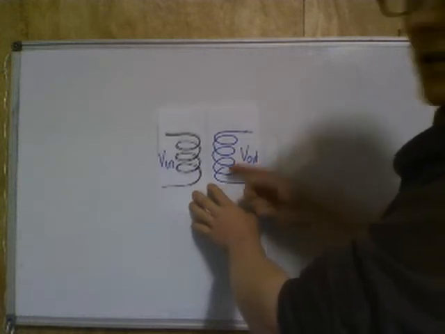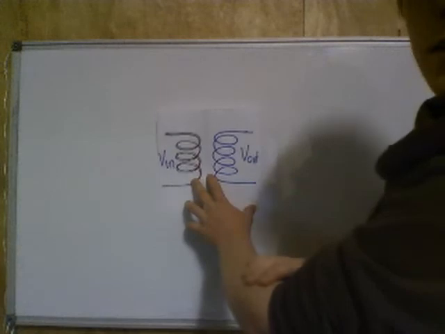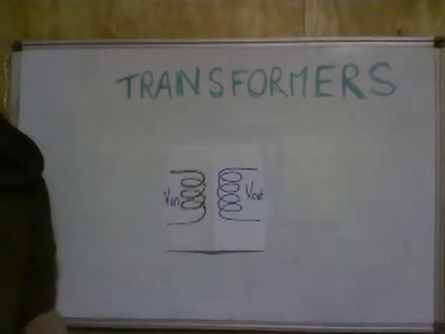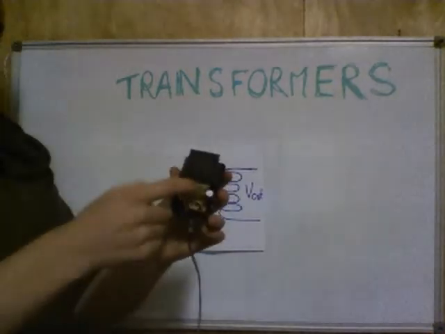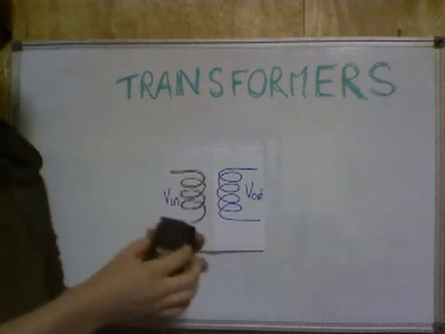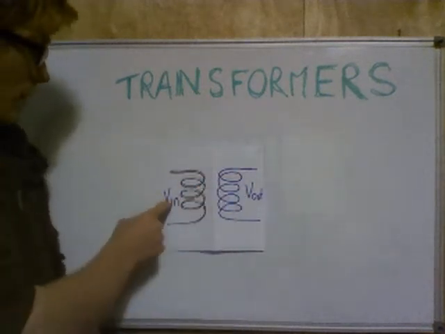So we'll get some output voltage which is related to the input voltage. So this is what a transformer is, and this is actually what this item here is. It's two coils of wire wrapped around a metal core very close together. And we have an input voltage and an output voltage.